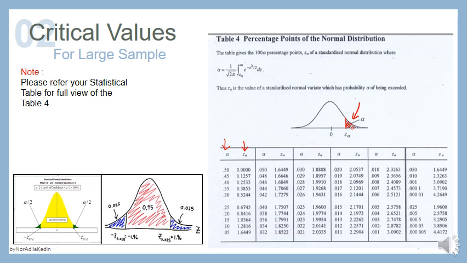Tapi apabila kita buat interval estimation, kita nak two-sided range between here to here. So that's why kalau awak perasan dalam formula tadi, kita cari Z alpha over 2. Kita divide by 2 sebab apa? Kita ada two tail, this side and this side. Right?